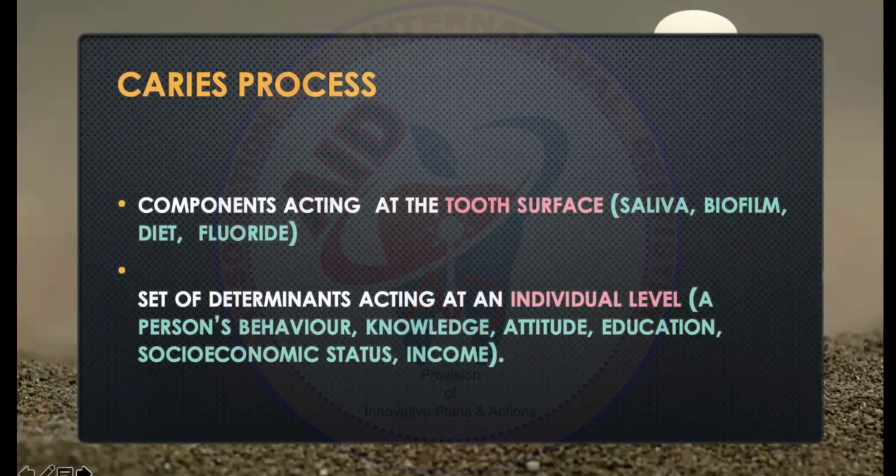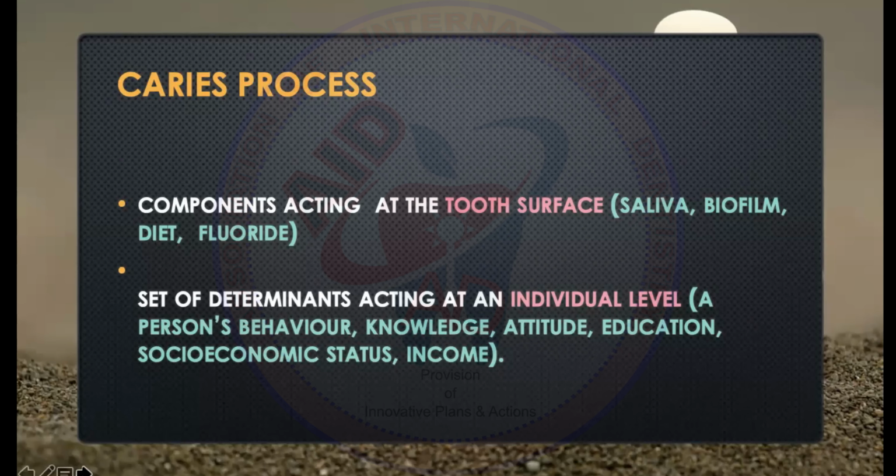And then the presence and absence of fluoride dictates the carious process. Then the factors which act at the individual level, which vary from one person to another, are the behavior of the patient, the knowledge of the patient about oral hygiene measures, about the carious process, and about the diet, right?